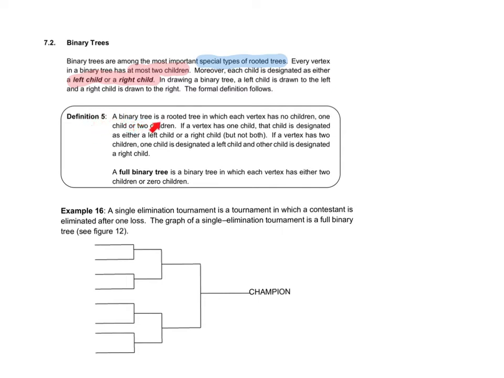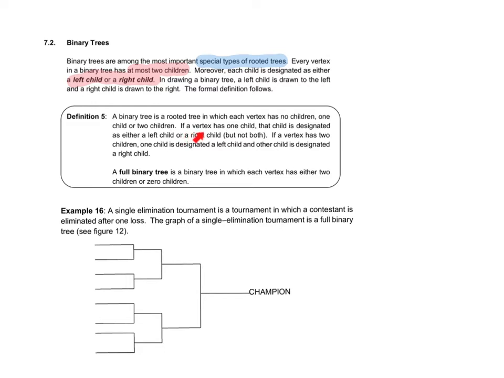A binary tree is a rooted tree in which each vertex has no children, one child, or two children. Paling banyak ada 2, at most 2 children.